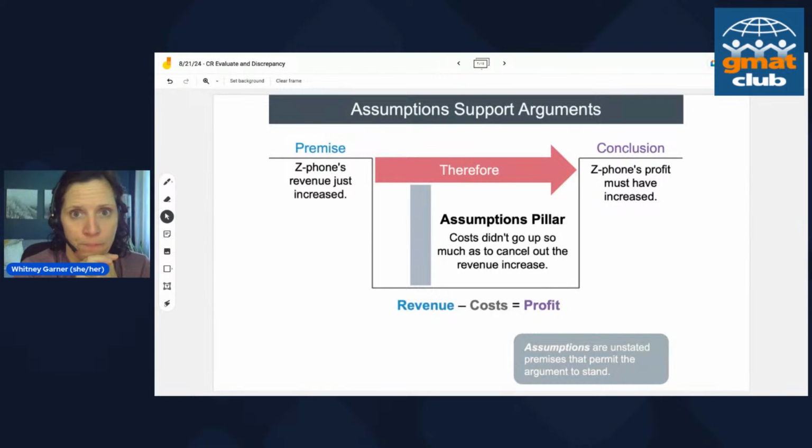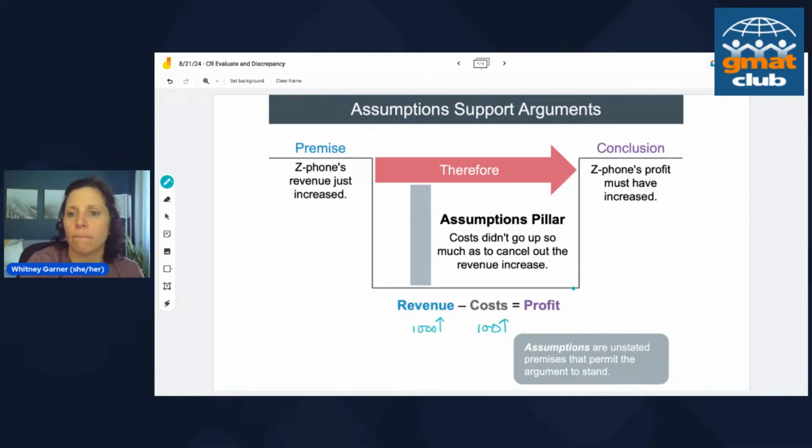For example, imagine that my revenue went up $1,000, right? But then my costs went up maybe $100. So what would have happened to my overall profit if my revenue went up by 1,000, but my costs only went up by 100?